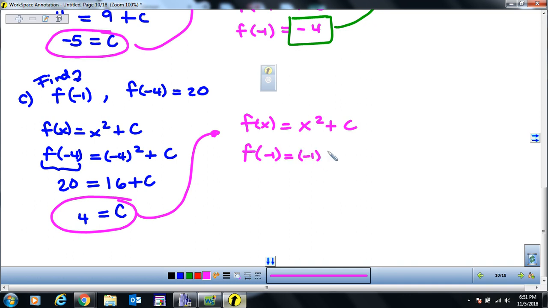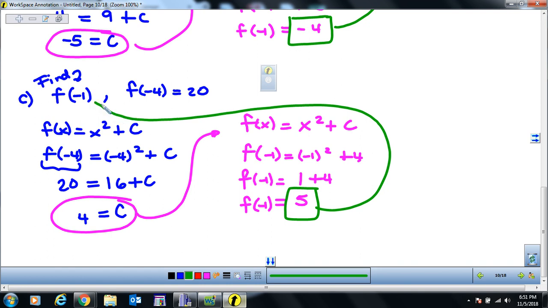So negative 1 squared plus 4. So f of negative 1 is going to be 1 plus 4, it's going to be 5. So f of negative 1 is 5, and that's what this is, 5. Okay.